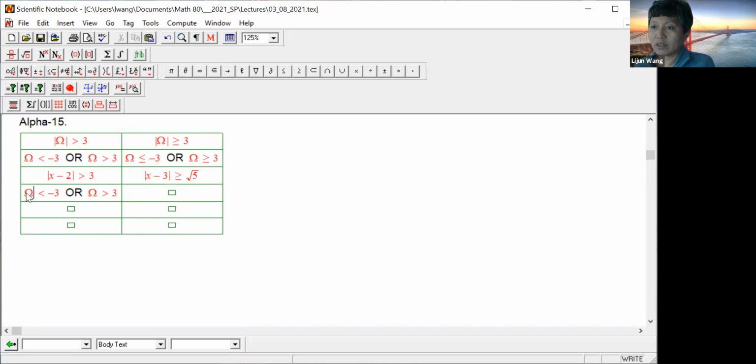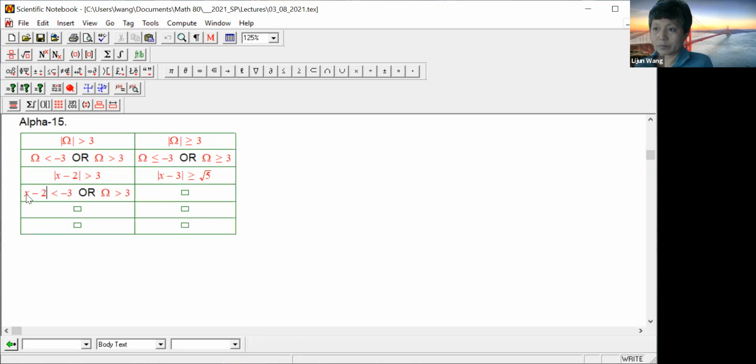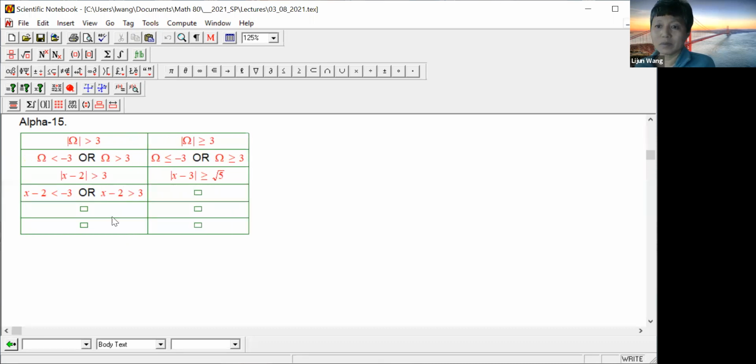So I basically will copy this model and I will change this to x minus 2. You follow me? And then I have two inequalities I have to solve separately, but knowing that they are connected by OR.